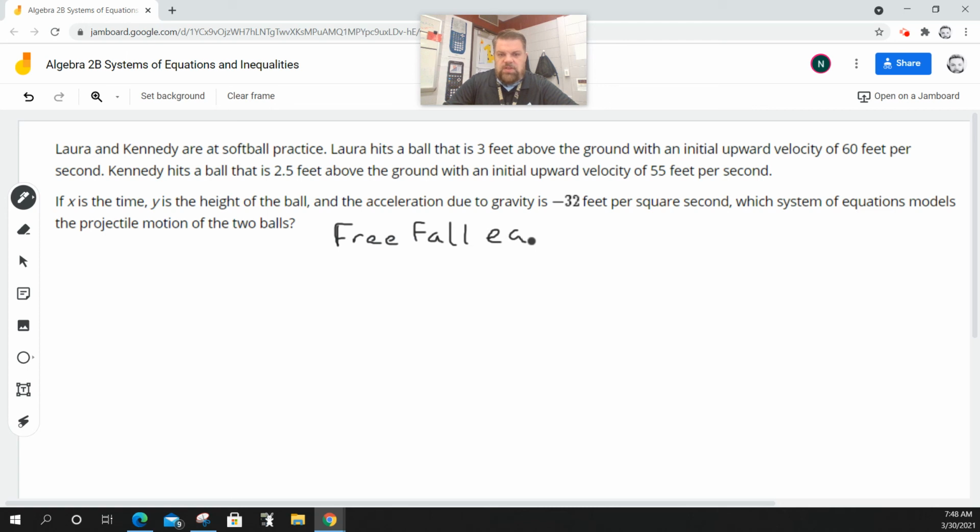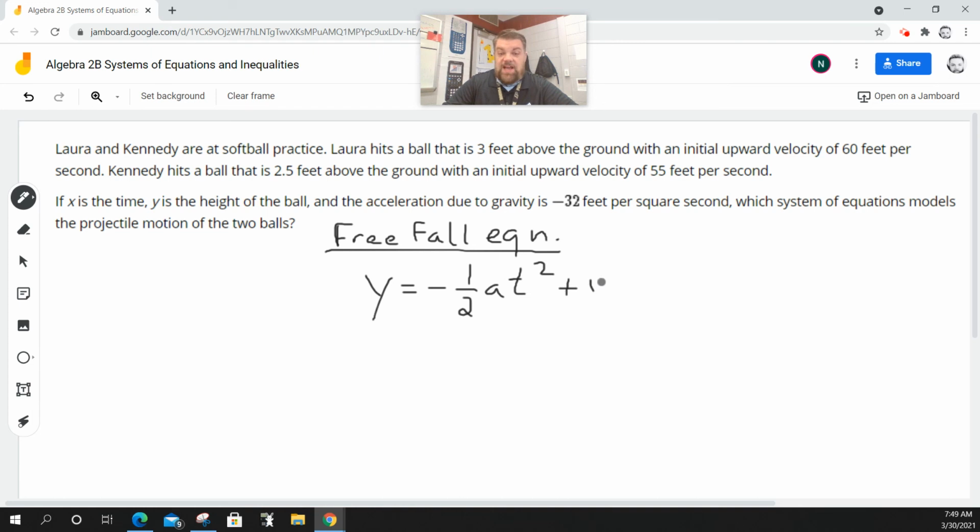So the free fall equation, let's make that look like an actual Q. So the free fall equation is the height of the ball y, minus 1/2 the acceleration due to gravity times time squared, right?